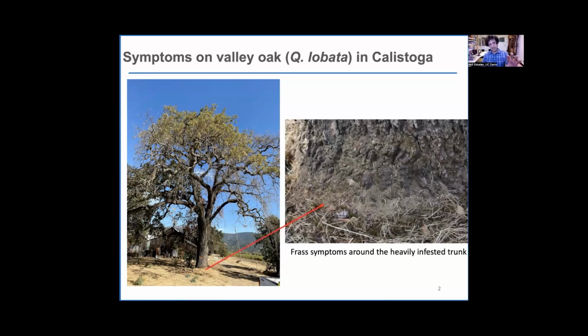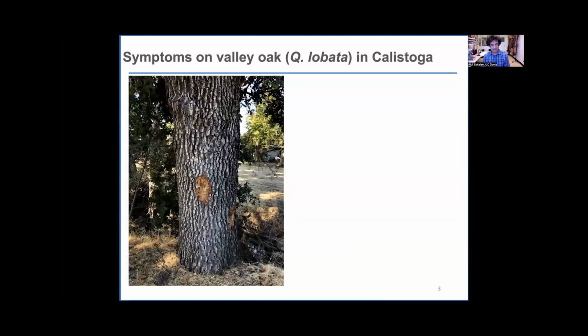When you see very advanced infested plants, you often see frass or sawdust accumulated at the bottom of the tree, coming from the galleries that have been infested by the beetle. These are the very common symptoms.